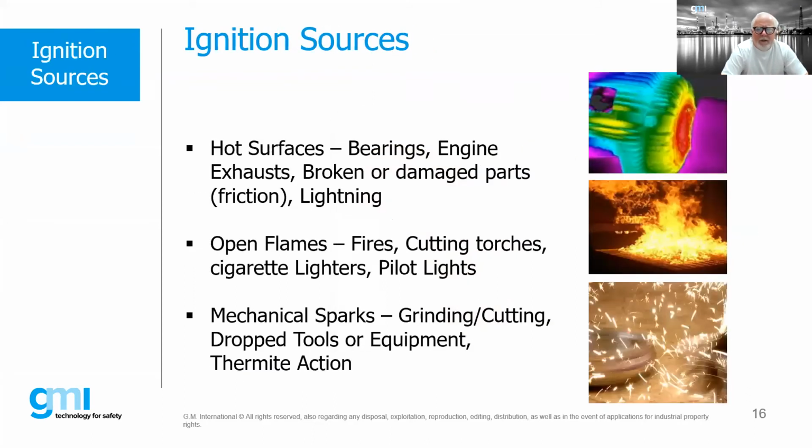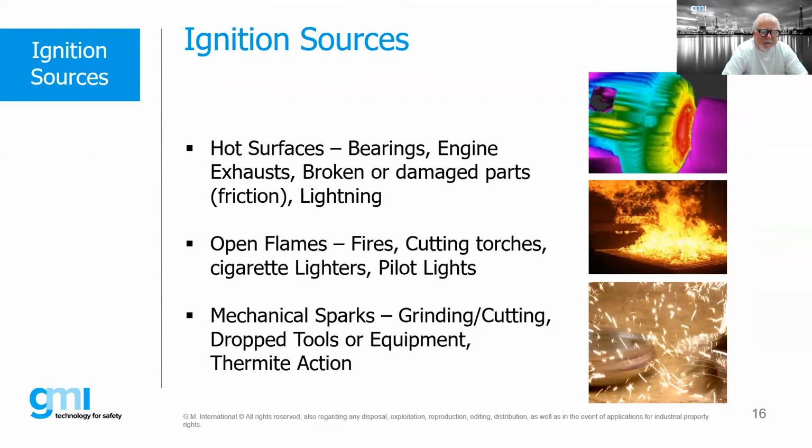So what are common ignition sources? Again, some of these are pretty obvious. Things like exhaust, hot surfaces, bearings when bearings fail. But some of the other things that we don't necessarily think about: friction. Friction can actually, and has in many cases, been the source of an explosion.